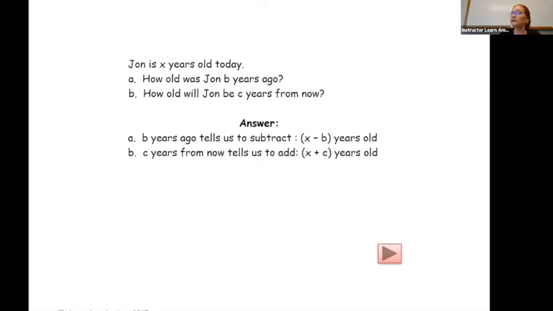And then you realize that you have to subtract b from the present age to determine how old you were, say, b years ago. And then you can do the same thing c years from now, except now, of course, you're adding. And you can always pick a number just to see it as an exact example and realize that c is used here to indicate that we could use any number, and the process of finding the answer would be the same.